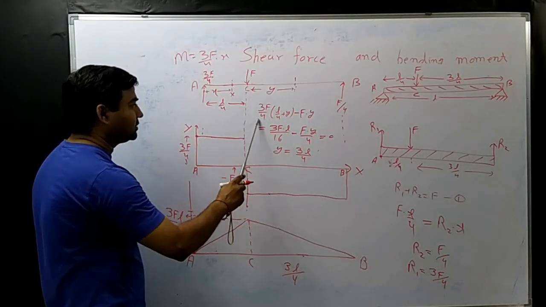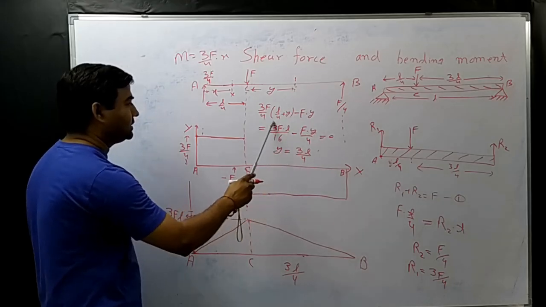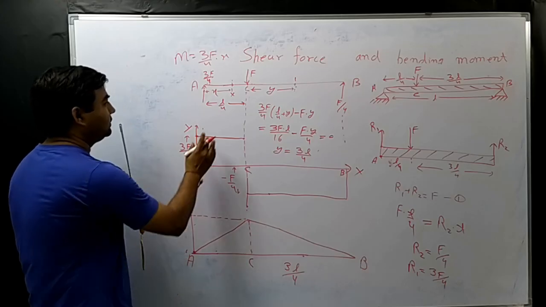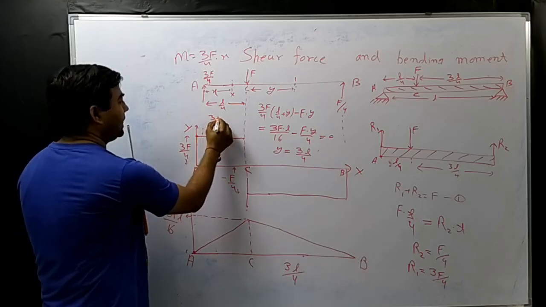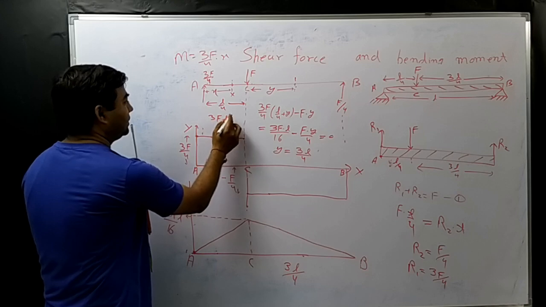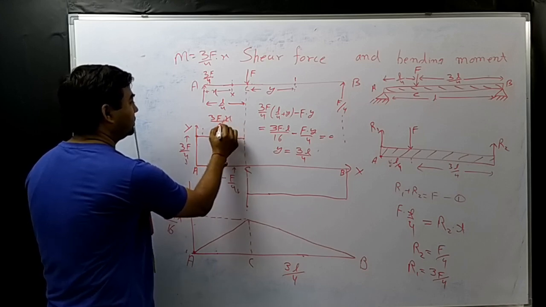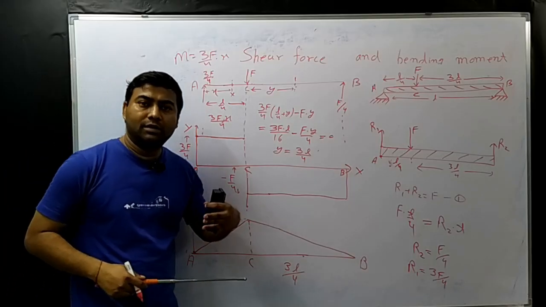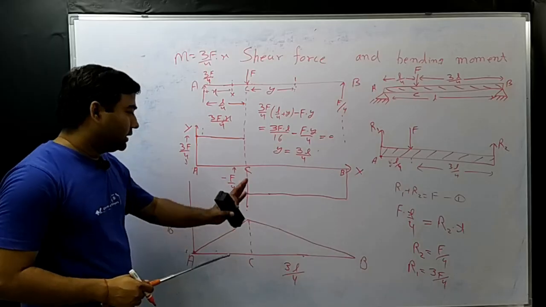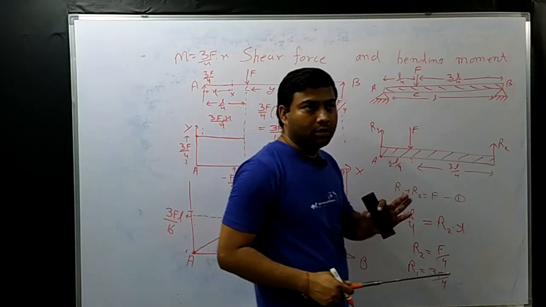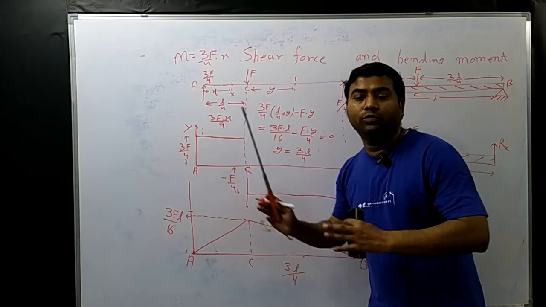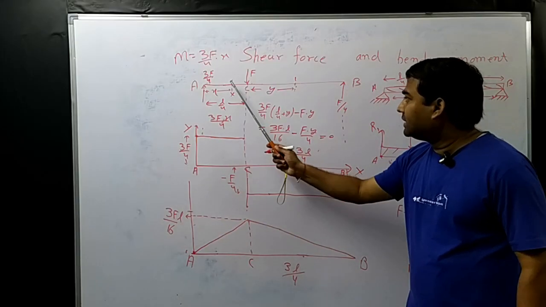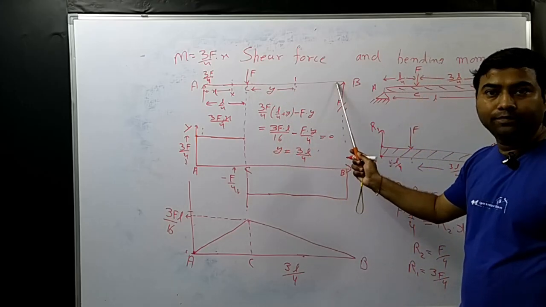Bending moment is given by this expression between C and B, and between A and C, bending moment is given by 3Fx by 4. So it is just a simple formula of moment. Here you only have to consider one side's forces. So this is the value of bending moment at every cross section of this beam.